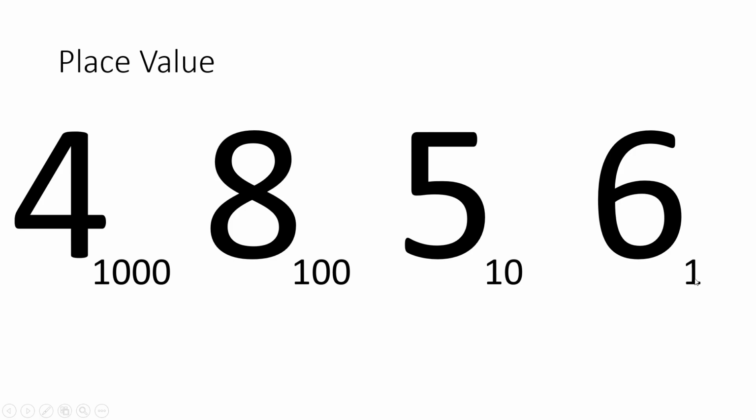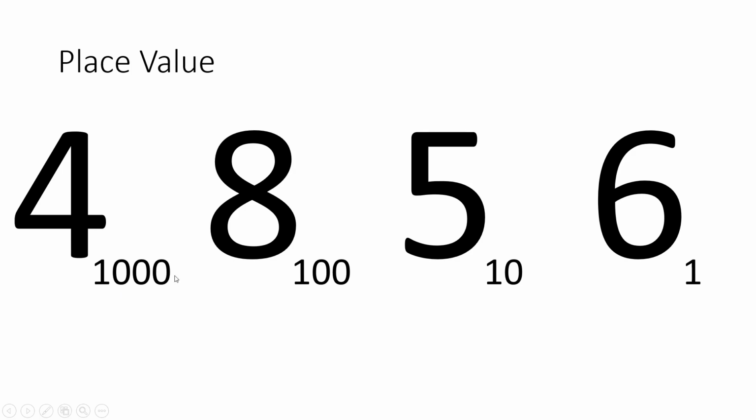Beneath that, we can see numbers written in a smaller size: 1, 10, 100, and 1000. So these are not only numbers. For example, 5 is not only 5, it carries a 10 with it. Similarly, 8 is not only an 8, but it carries 100 with it. And 4 carries 1000 with it, right?